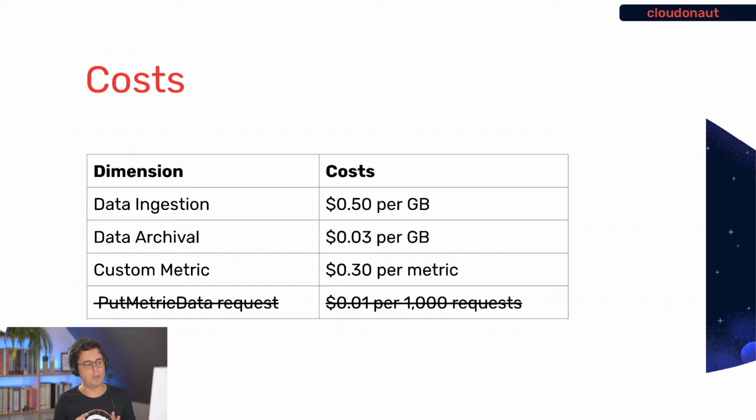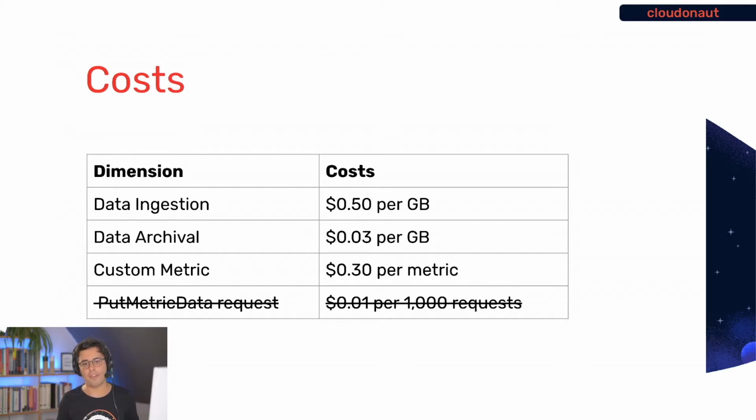And then you also pay for archiving that data. You can define retention periods for CloudWatch log groups. For example, you can keep the data for 7 days or, I don't know, 3 years, whatever you want to. But you have to pay for the storage that you consume, which means you pay per gigabyte for the data archive that you have there.